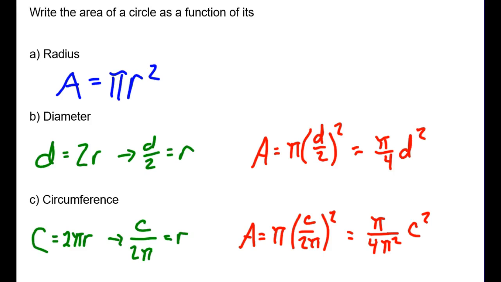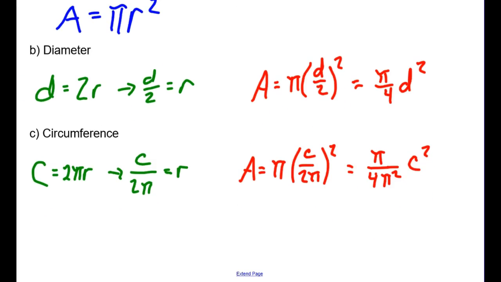The only thing we could do with this expression is simplify out some of those pi's. Okay, we have a pi in the numerator and we have a pi squared in the denominator. So we could cancel those out and we'd be left with c squared divided by 4 pi.